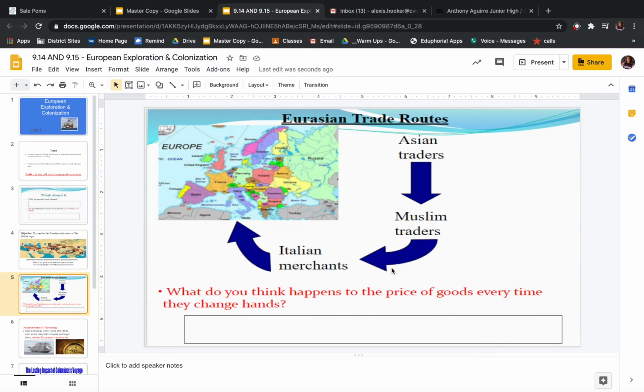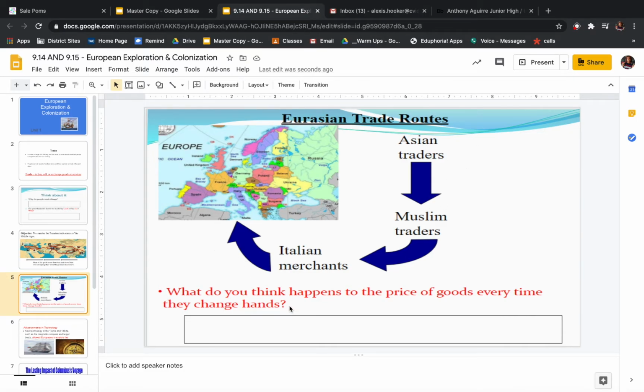Then the Muslims would do all the moving and trade with the Italians, and then it would go into other parts of Europe. All right, so it moved from the continent of Asia through the Middle East into Europe through the Italians, and then people within Europe move those things, and then it will go around in a circle.